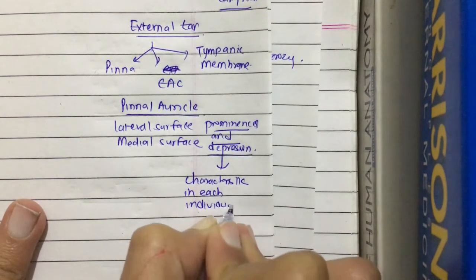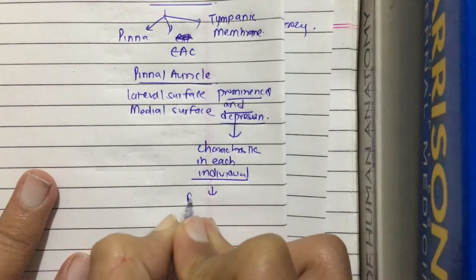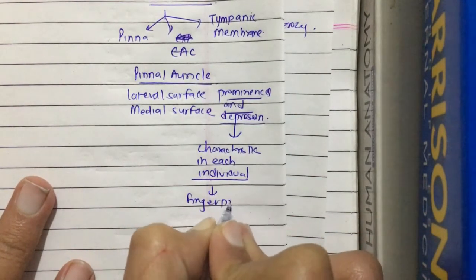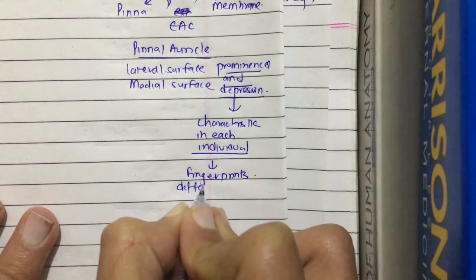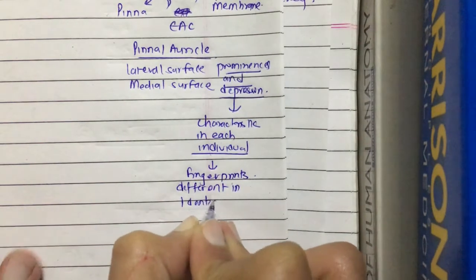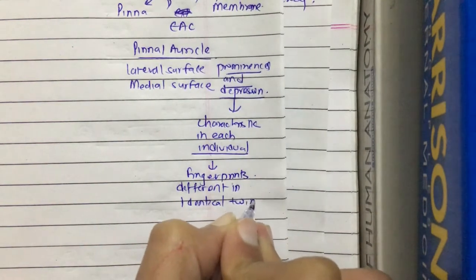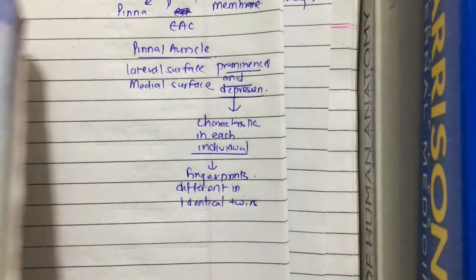They are unique and comparable to fingerprints. They are even different in identical twins. Now let us see what the different types of prominences and depressions present in the lateral surface of the ear are.